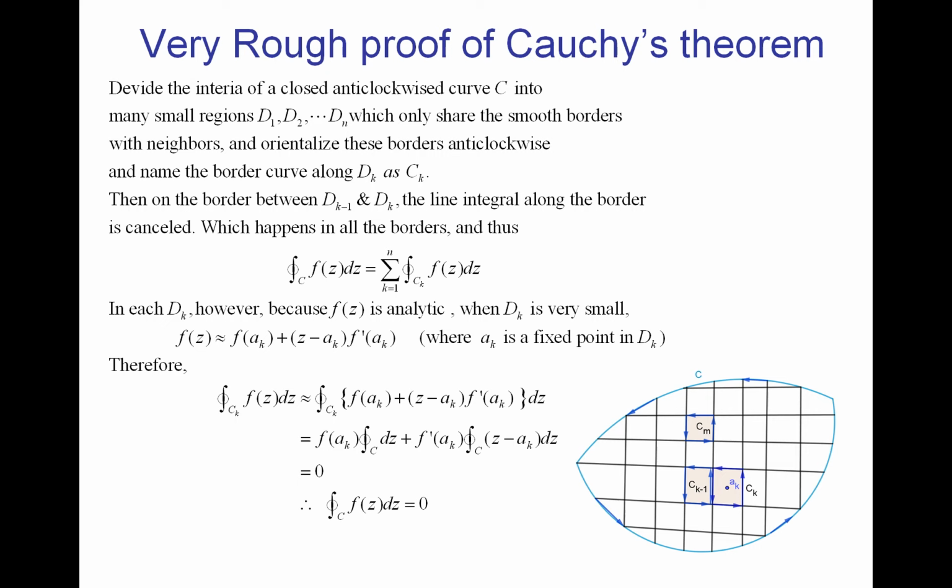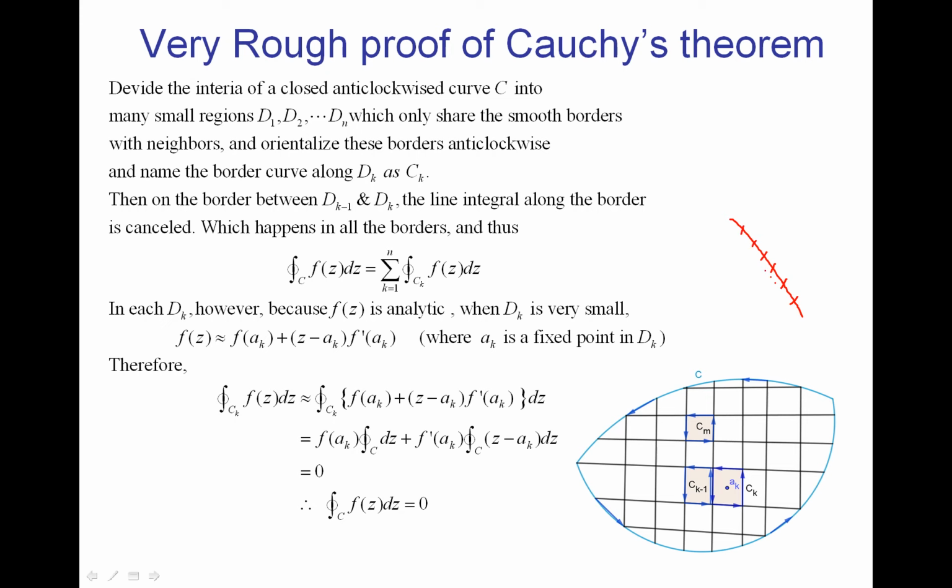Very rough proof of Cauchy's theorem. It's very similar to the proof of the fundamental theorem, but with the fundamental theorem, we divide the path into many tiny sections.